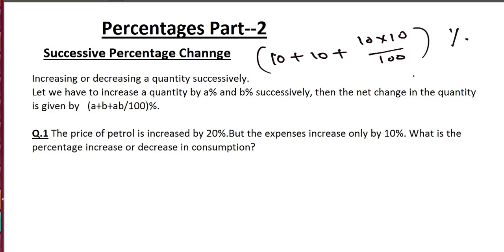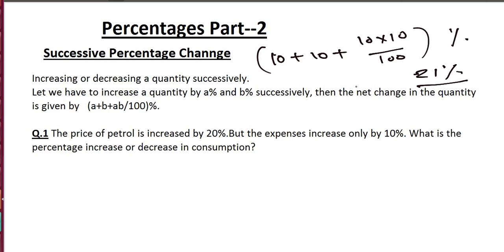So that is nothing but 21%. 10 plus 10, 20, and this is 1. So 21%. This is the net change in the quantity if it is changed successively by 10%.